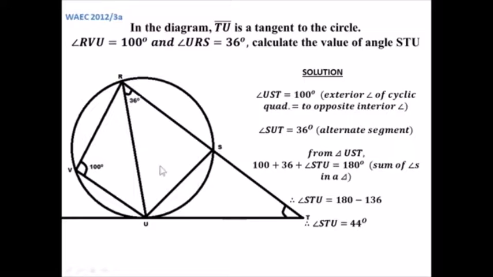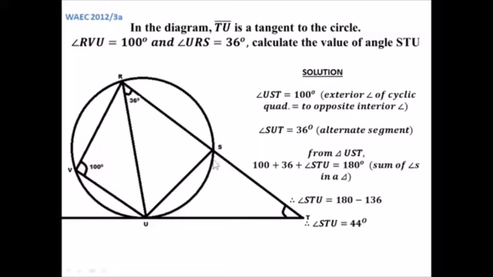Now, you can see that this circle here is a cyclic quadrilateral. Why? Because the four-sided plane shape is inscribed into the circle. So this side VR, side VU, side US, side RS is inside the circle. So that means a cyclic quadrilateral. So this angle here is going to be equal to this angle here.